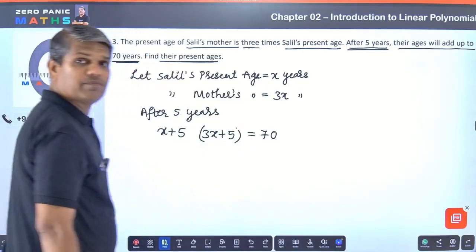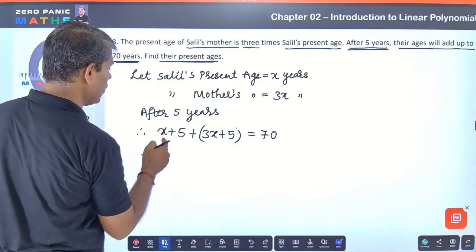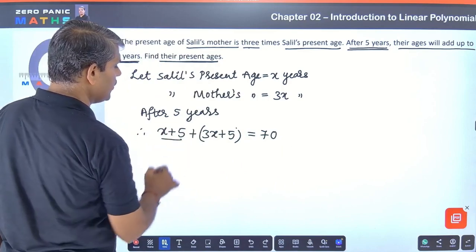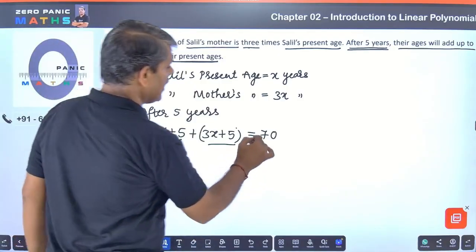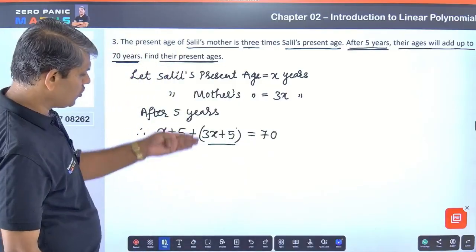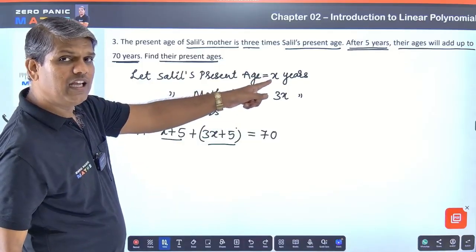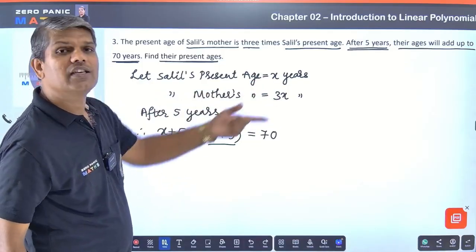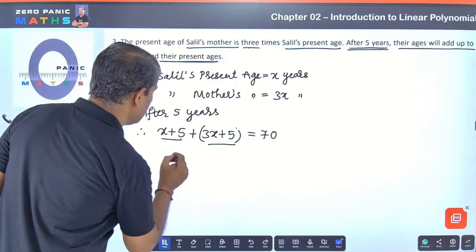So I can say this is the expression: x plus 5 after 5 years and 3x plus 5 after 5 years, and adding these two terms will get us 70. If you solve this, you will get the value of x, that is the age of Salil, and 3x is the age of Salil's mother. That is how you get the answer.